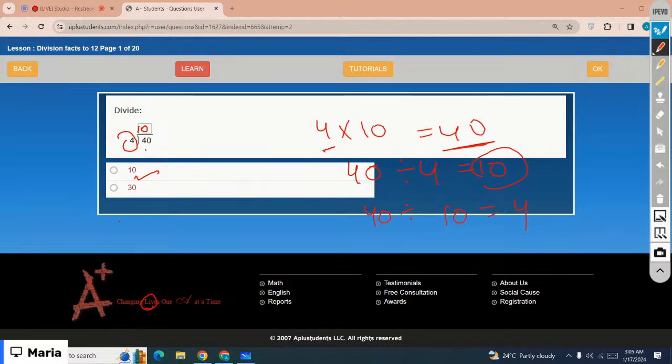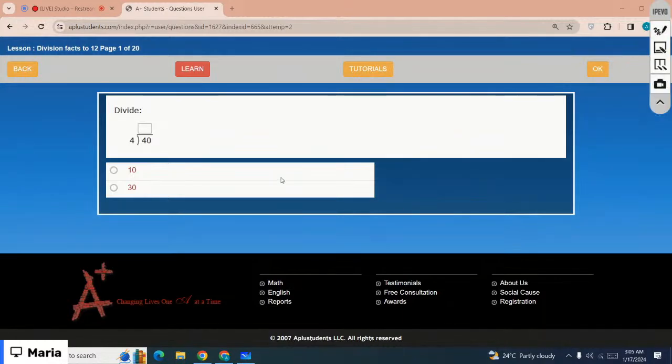If you do it by subtraction, you need to subtract 4 ten times to get the answer 0. So the correct option is 10. 4 times 10 is 40.